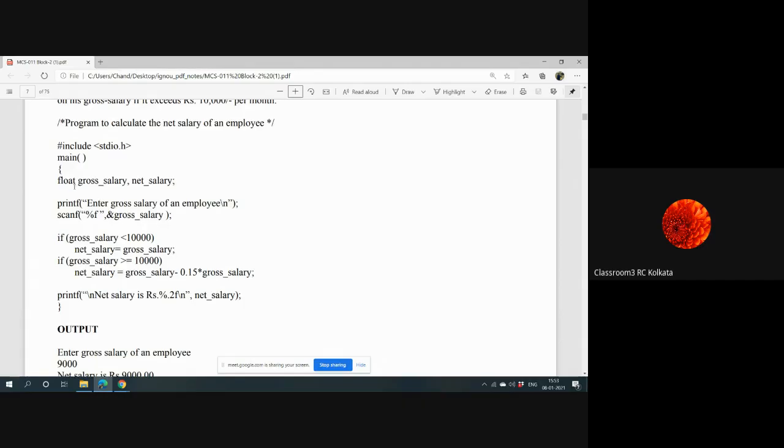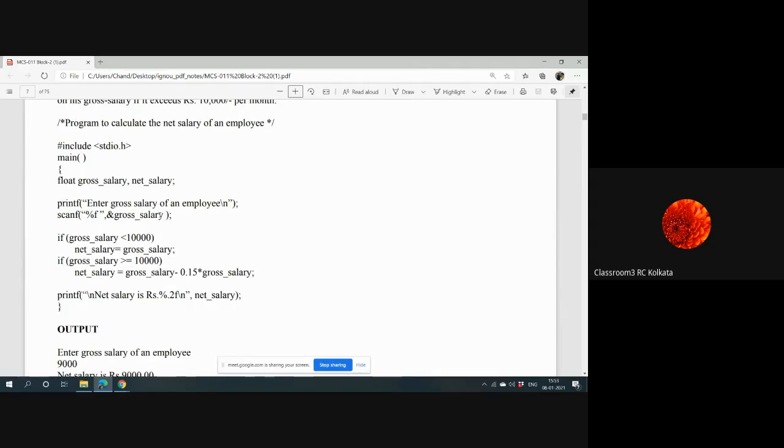No. Gross salary is already declared. You are taking the value of gross salary from the keyboard. That's why the value will go to gross salary's address, so that it will be placed as the value of the gross salary variable. We are placing the value at its address.